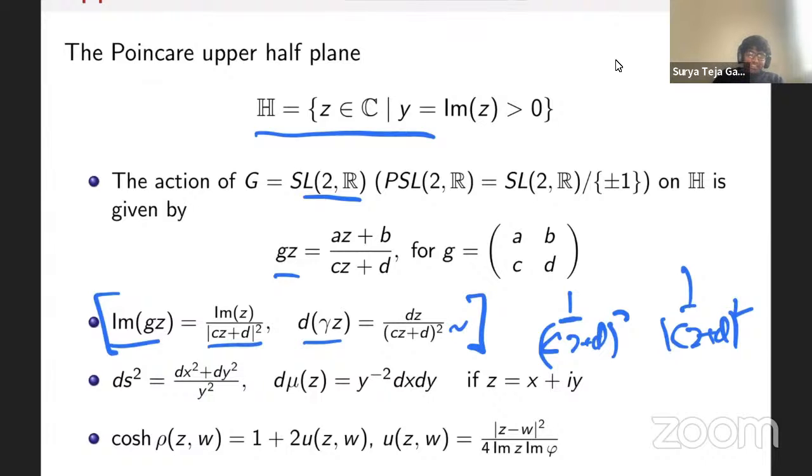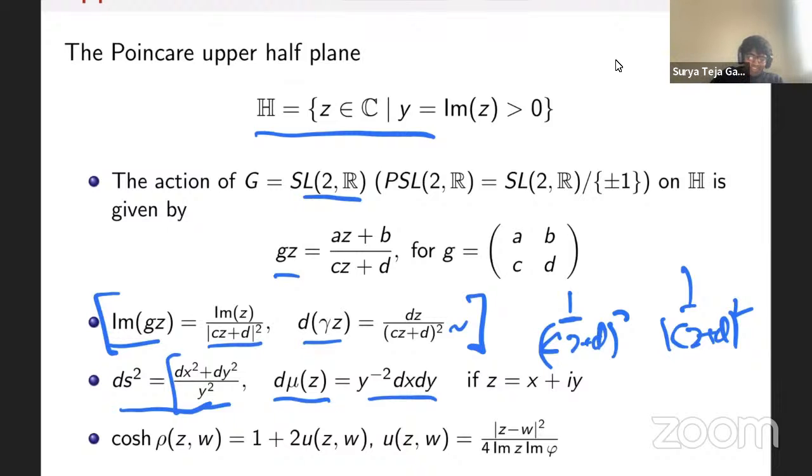What else? This space H is obviously a subset of the complex numbers, so it has a complex structure, but it is also a Riemannian surface. With the metric dx squared plus dy squared over y squared, it is a constant curvature minus 1 space, and mu(z) is the invariant measure on the space.